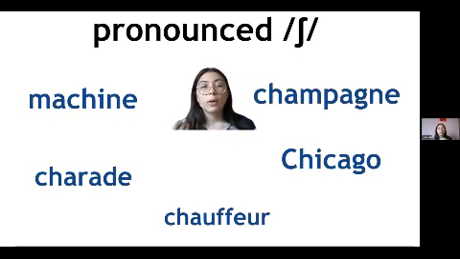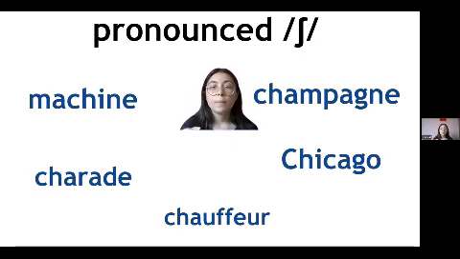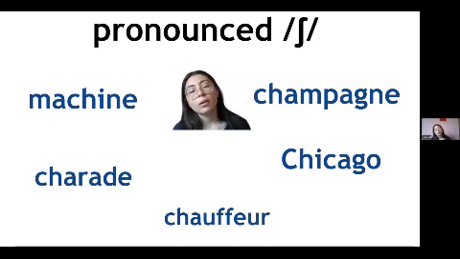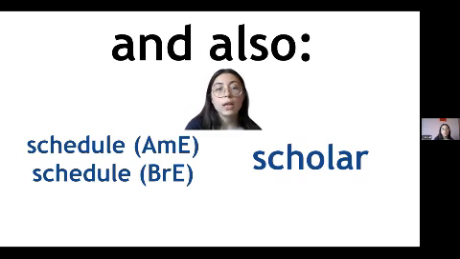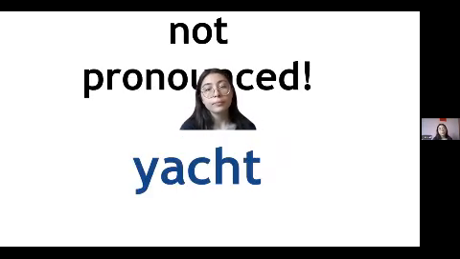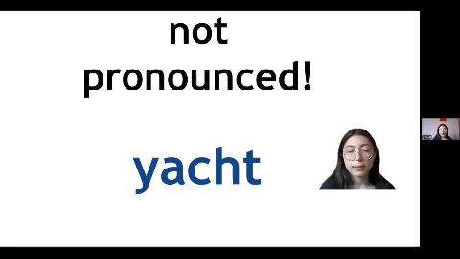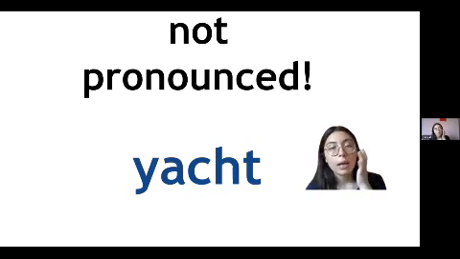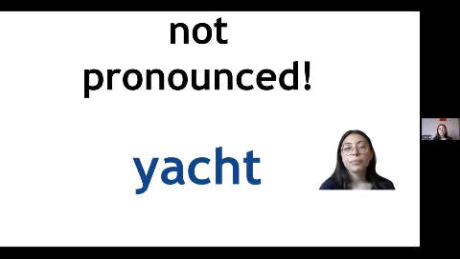And the other one is pronounced like in machine, more like the sh sound: champagne, charade, Chicago, chauffeur. And also schedule in American and British English, and scholar. And we have a not pronounced ch, yacht. We're not pronouncing a sound here.